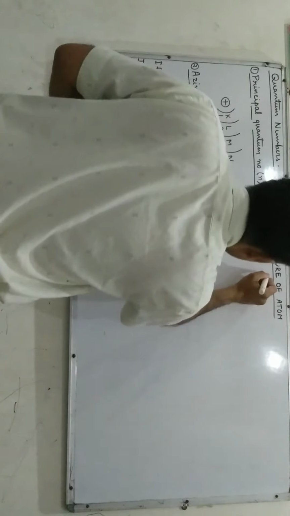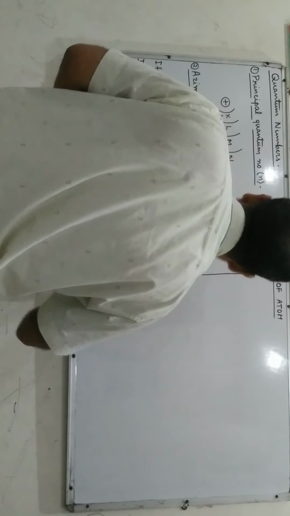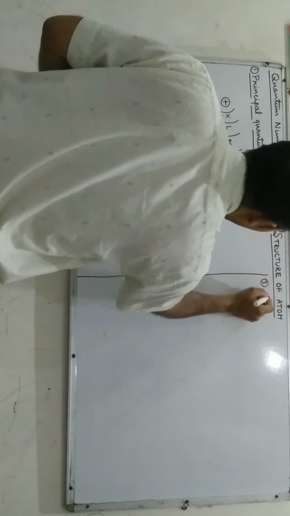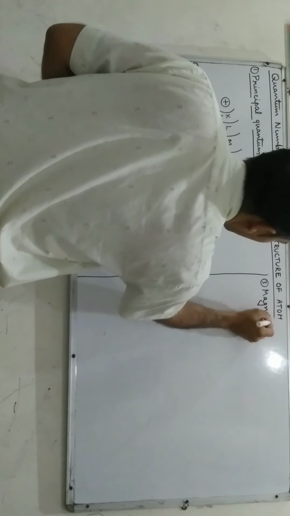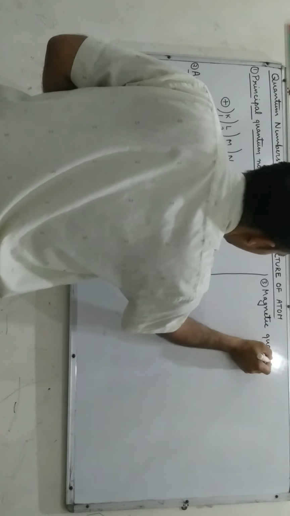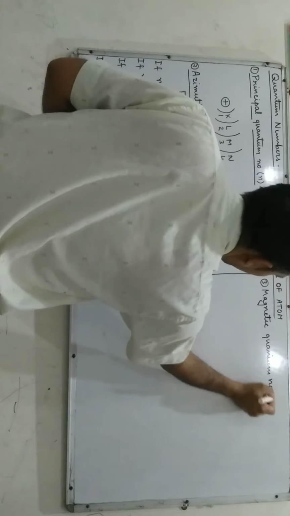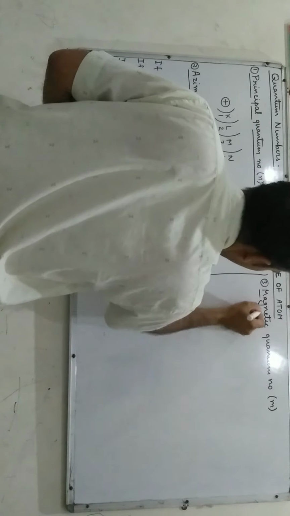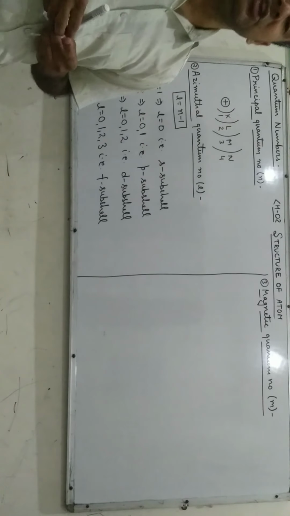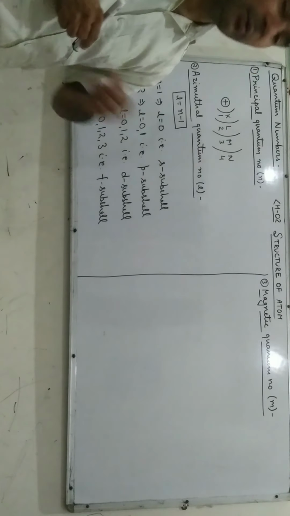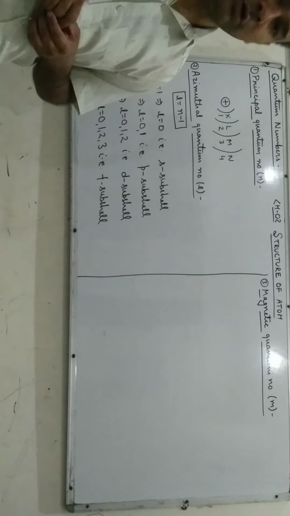Now let us discuss the third type of quantum number. It is the magnetic quantum number. The magnetic quantum number is indicated by the letter small m. It indicates the orientation of the orbital.